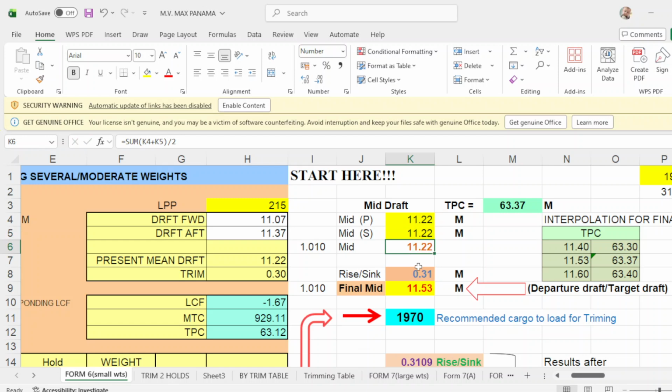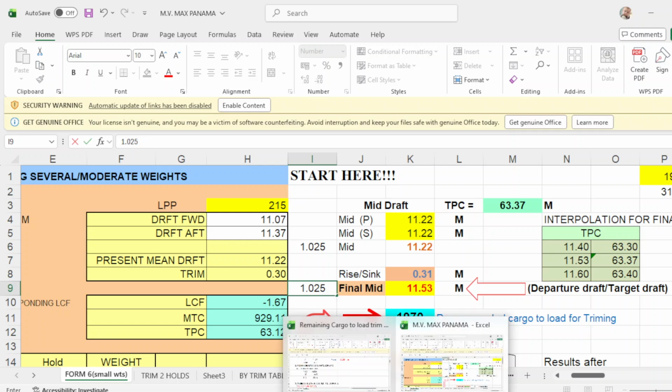So mid-draft is 11.22. Let's assume that the density at berth is 1.025 upon reading of the draft, and at completion the density would also be 1.025. Now you are going to compute how much cargo we are going to load, the remaining cargo, as the problem says.